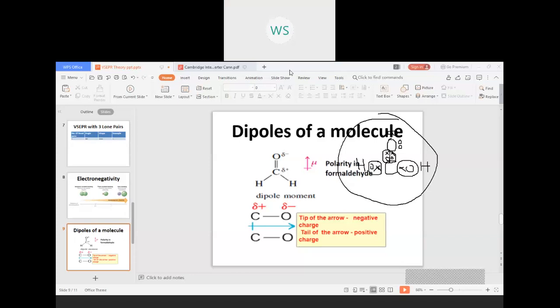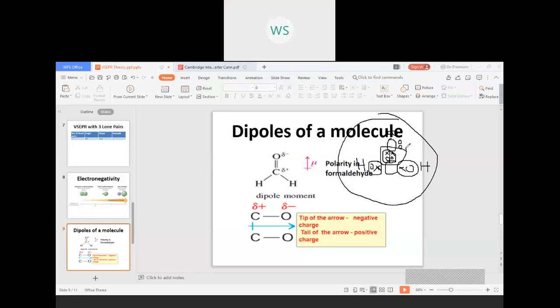How come three bond pairs? Because this double bond occurs between the overlapping of s and p orbitals of the carbon and oxygen.